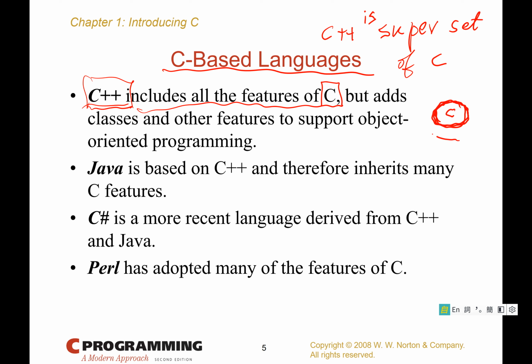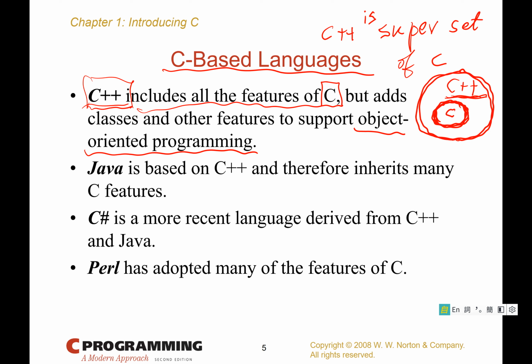Then C++ is an extension, and C becomes this part, a bigger circle for C++. And it adds some other features. The most important feature is the object-oriented programming concept. C doesn't have the concept of object-oriented, but C++ does.